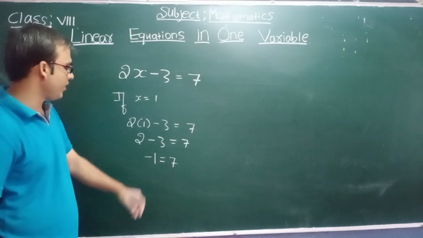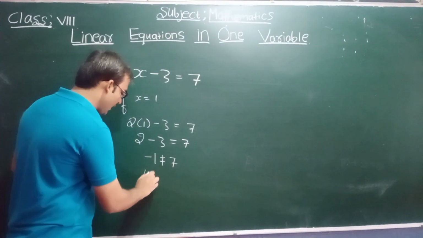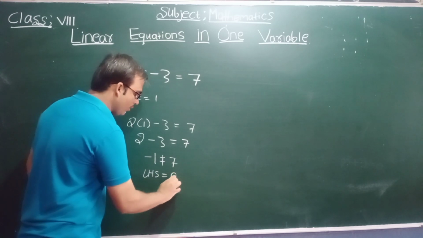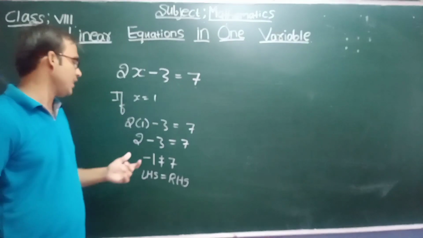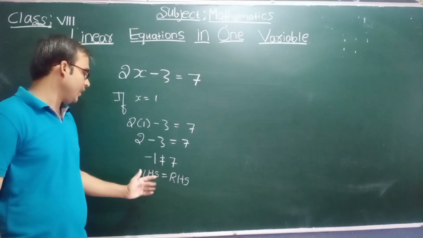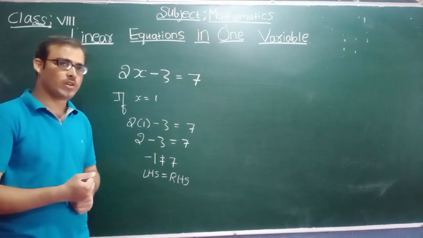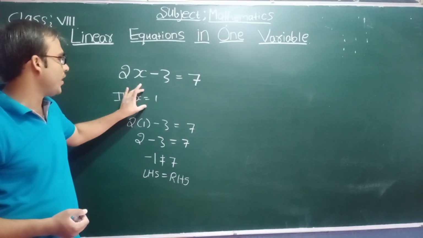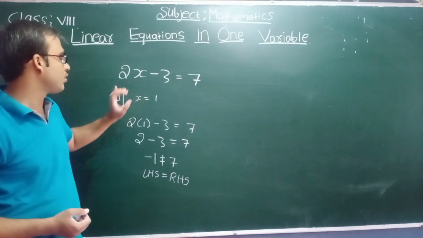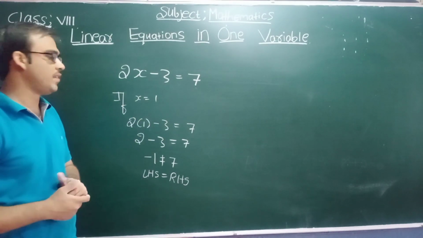Minus 1 and 7 are not equal. So here LHS is not equal to RHS. If we take the value of x as 1, we are not getting LHS and RHS as equal. So x equals 1 is not a solution of this equation.